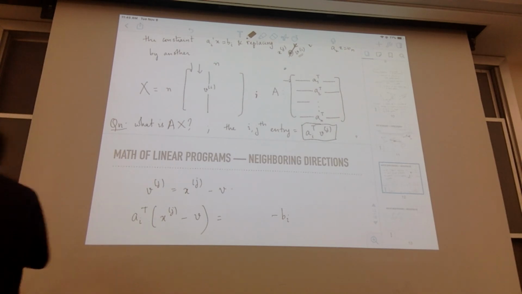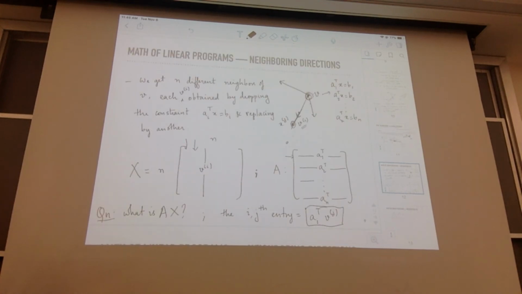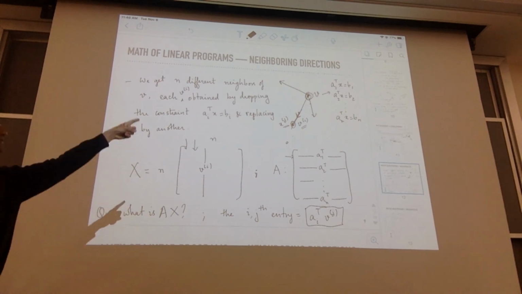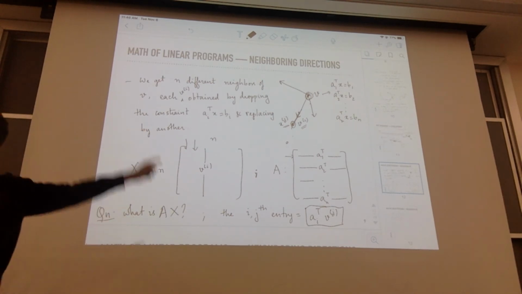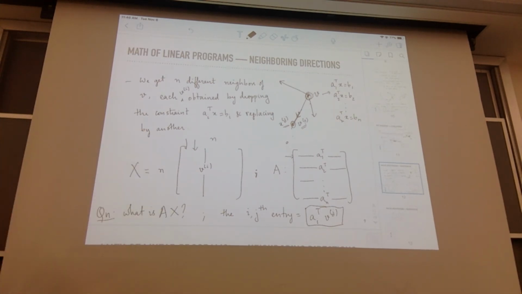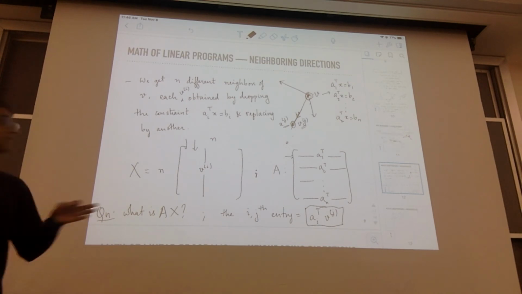Remember, the point xj satisfies all the equations except the jth one. That's how the direction Vj was defined.